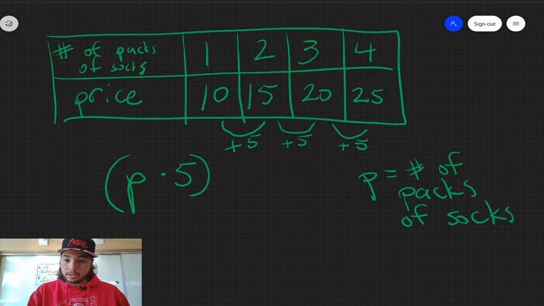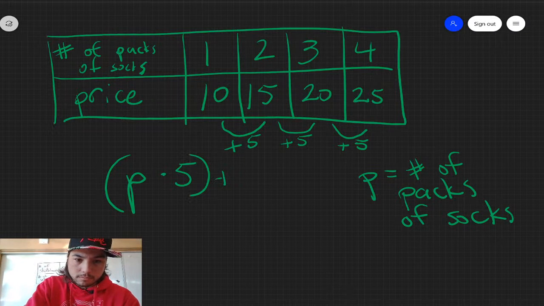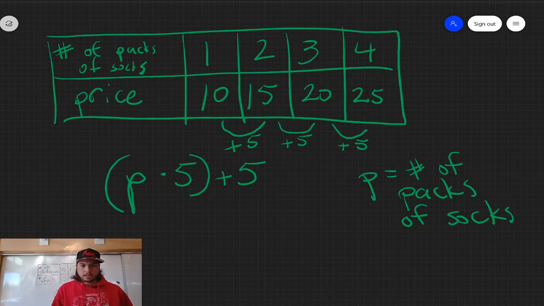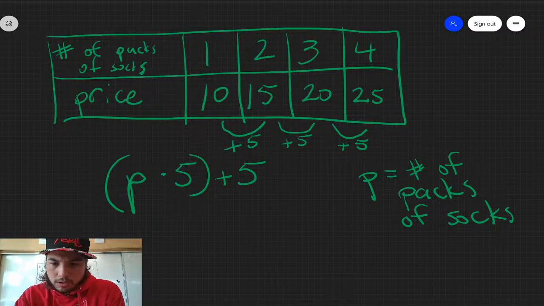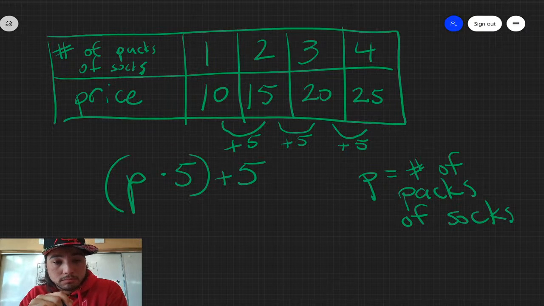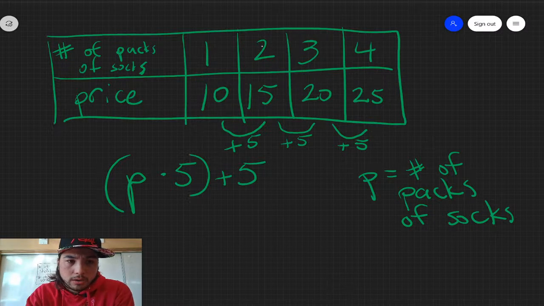So we've got, here's an idea. In the chat, we've got P times 5 plus 5. Let's see if that works. So if P equals the number of packs of socks, we plug in the 1 times 5 plus 5. That equals 10. For 2 times 5 is 10.